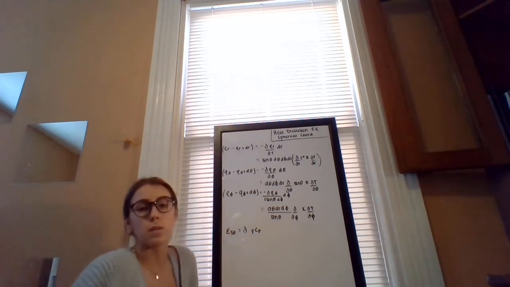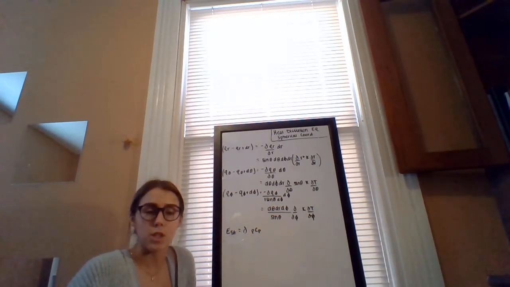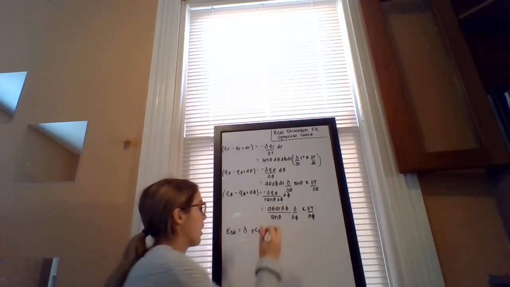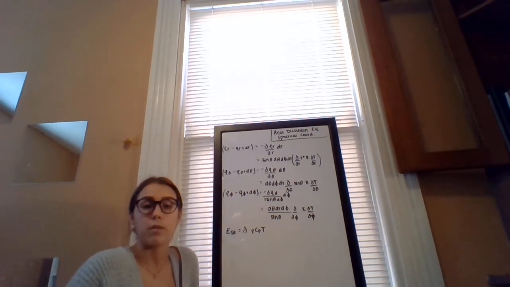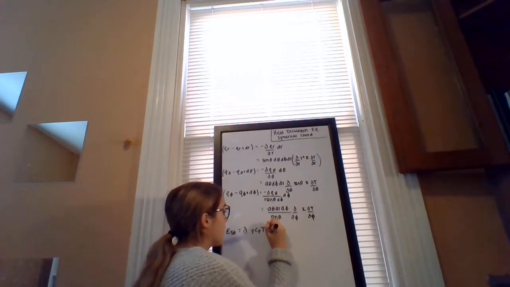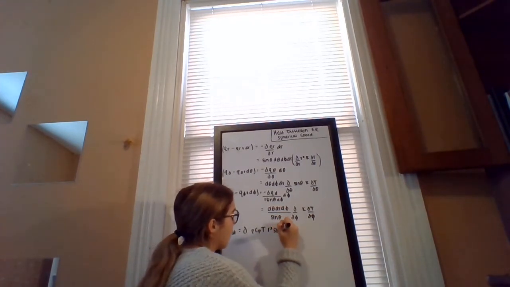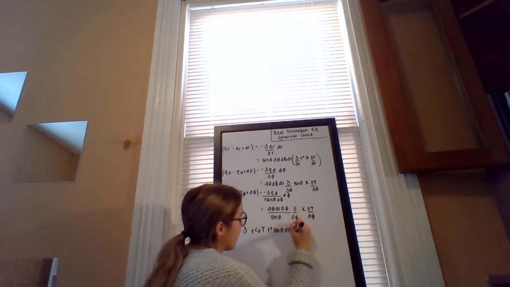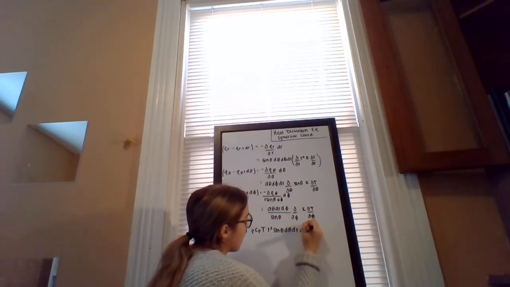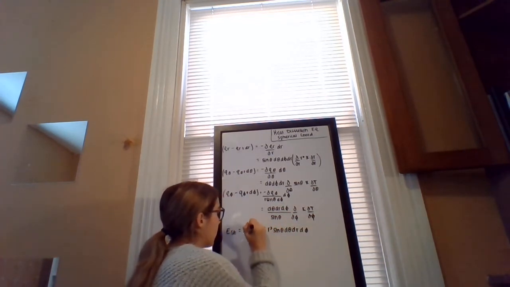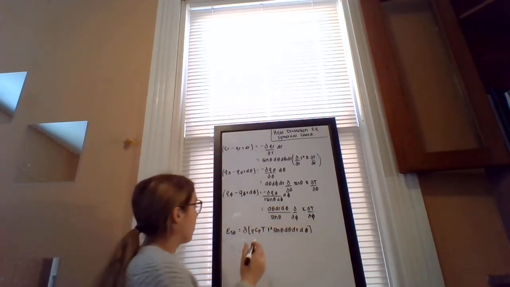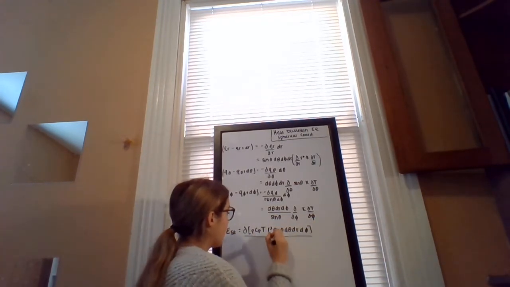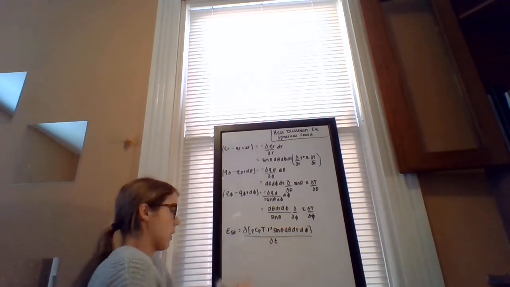And you need density because you're talking about position and not mass. That's why you have to multiply by density, and then the temperature, and then you're also going to have the volume, which will be r squared sine theta d theta dr and d phi. And then it'll be over the partial derivative of time.